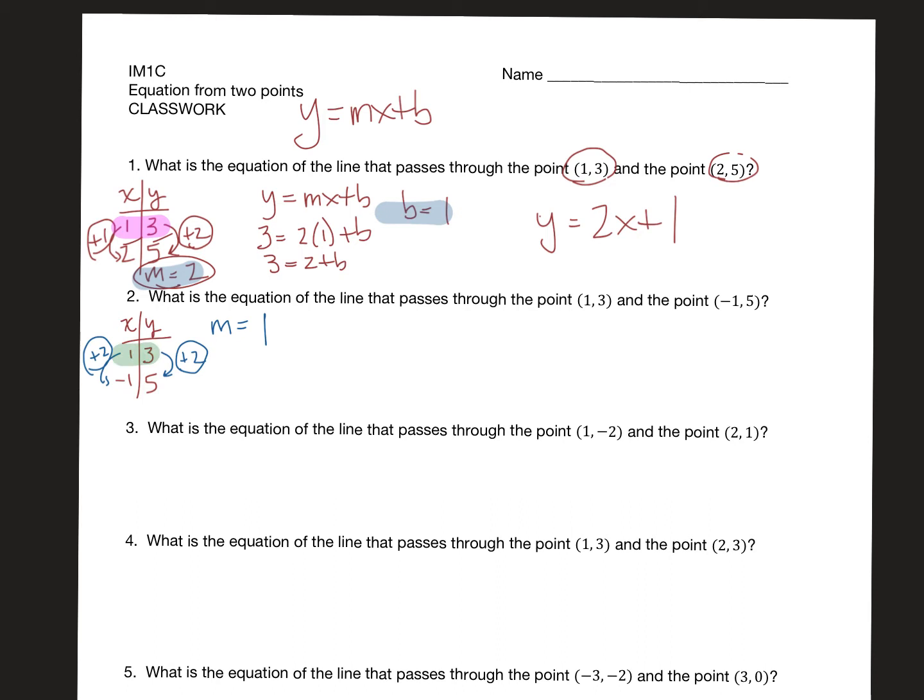Literally all you're picking is an x and a y so that you can plug into this equation. So let's see, y is 3, m is 1, x is 1, plus b. So this says that 3 is equal to 1 plus b. That means that b is 2. And then once you have m and b, you have everything. Y equals 1x plus 2, or you could write that as y equals x plus 2.